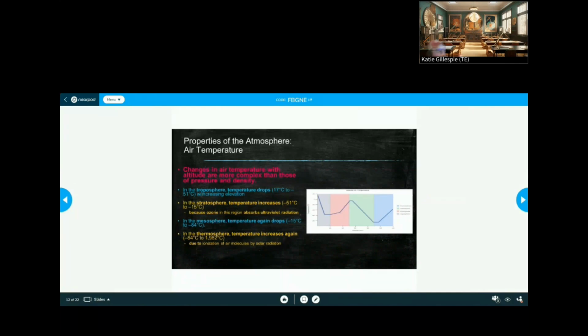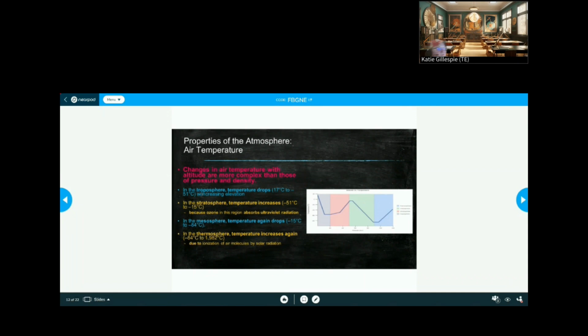And what the ozone does is it absorbs and breaks apart ultraviolet radiation, that UV radiation that we need protection from is actually absorbed in this region, which then intuitively would mean that it's getting hotter. Okay, so if it's absorbing UV radiation, it's going to be hotter, and we are thankful that the ozone absorbs as much solar radiation as it does.